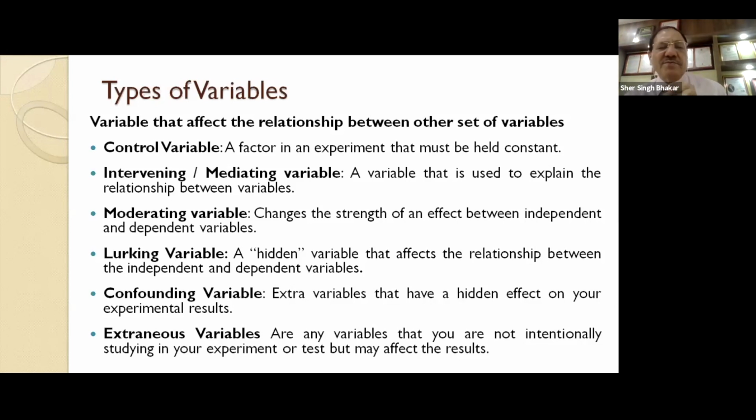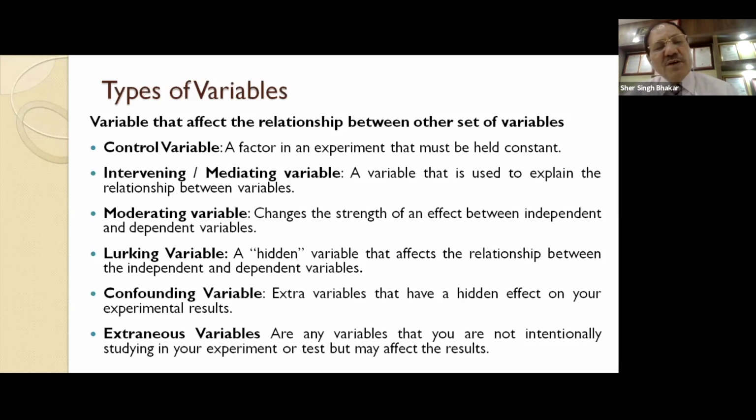Next is the moderating variable. A mediating variable is always part of the model, whereas a moderating variable is outside the model, but we evaluate it. Like say, when we are carrying out a study on the effect of quality on satisfaction and then satisfaction on loyalty, satisfaction is working as a mediating variable.